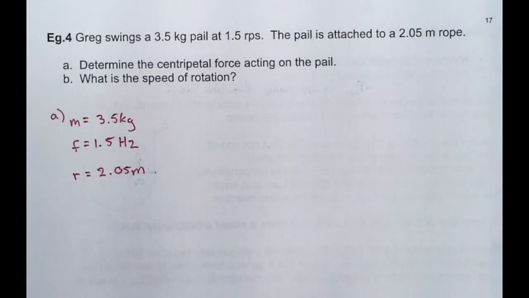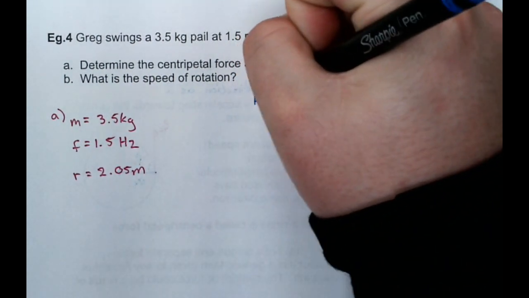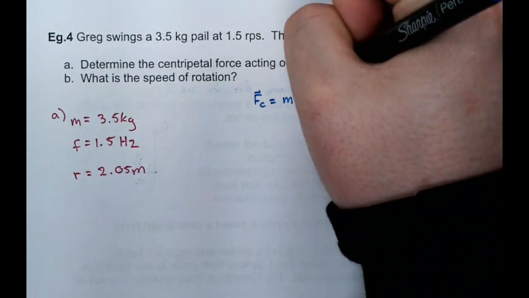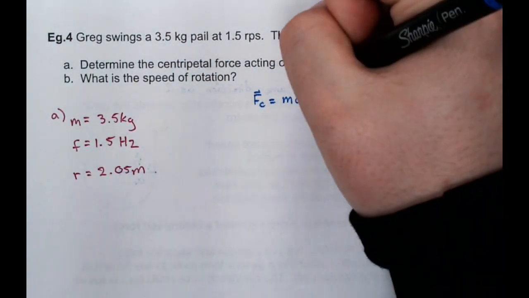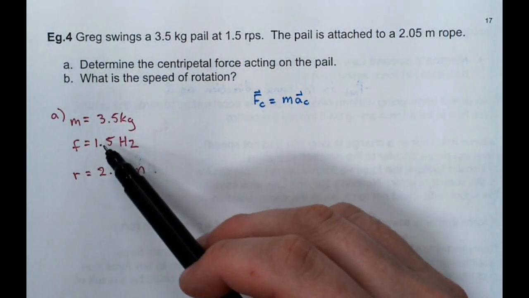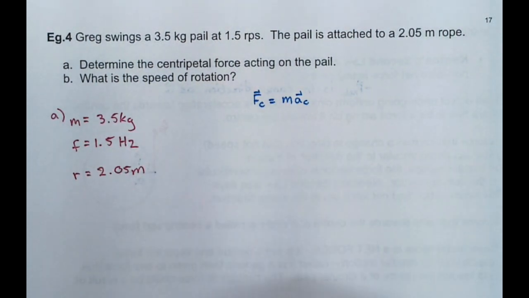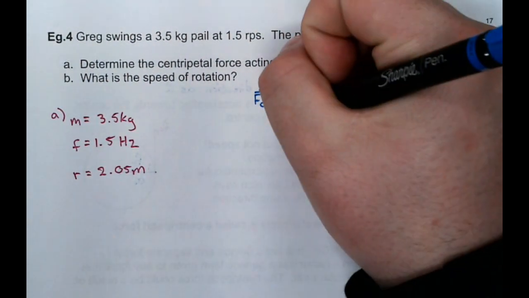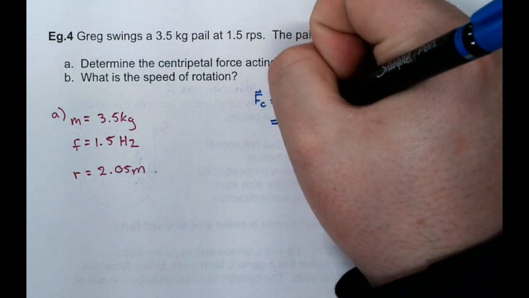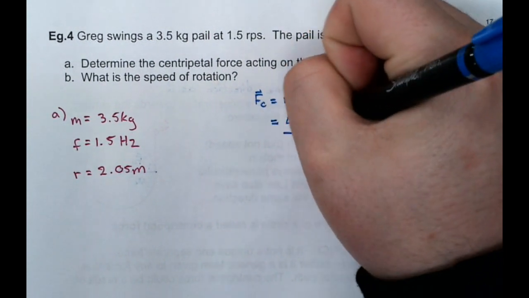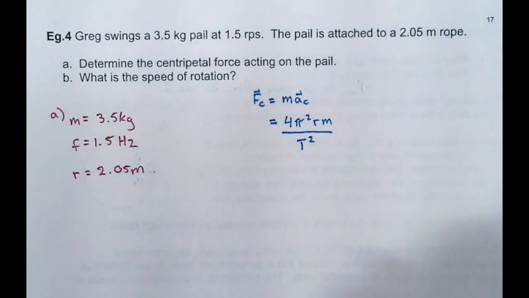We can now use our formula to see what we can find. Centripetal force is equal to mass times centripetal acceleration. So we have mass, we have frequency, and we have the radius. Since we have the radius, let's put our formula in here as 4 pi squared r times m divided by t squared.